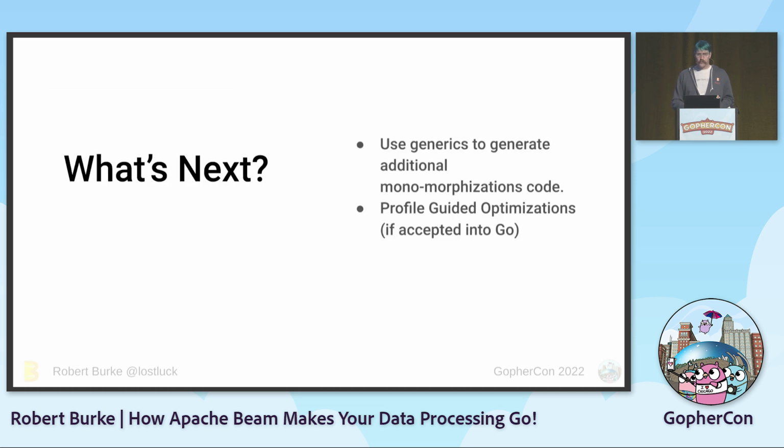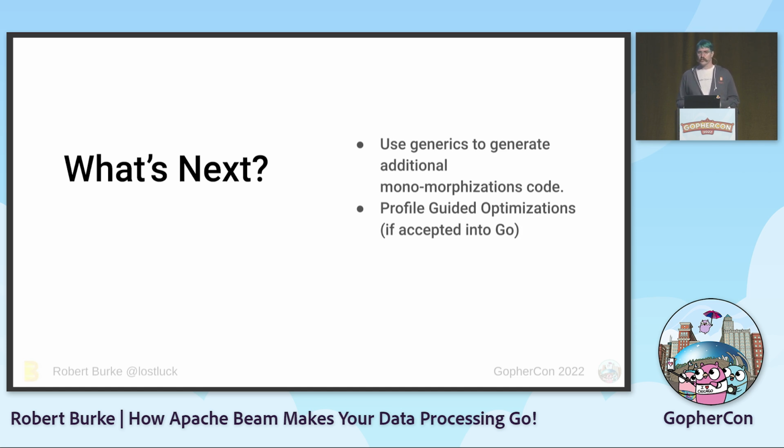So what's next for where performance is going for Beam Go? Because we now have all these generic registration functions, we have access to the types and the actual functions fairly directly. So that gives us a lot of information about the DoFns.